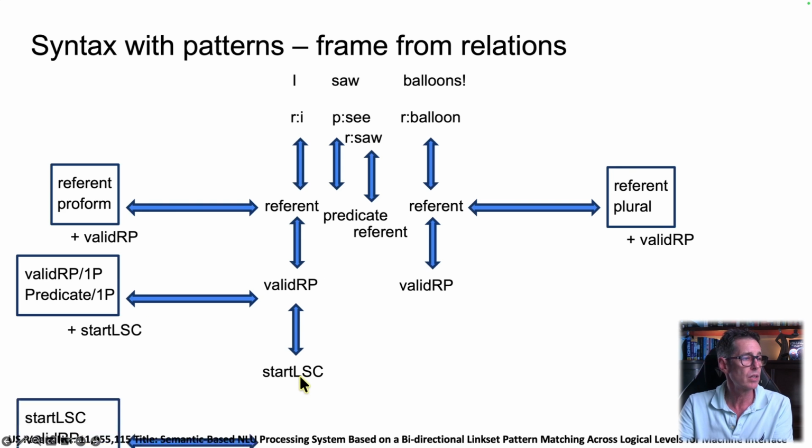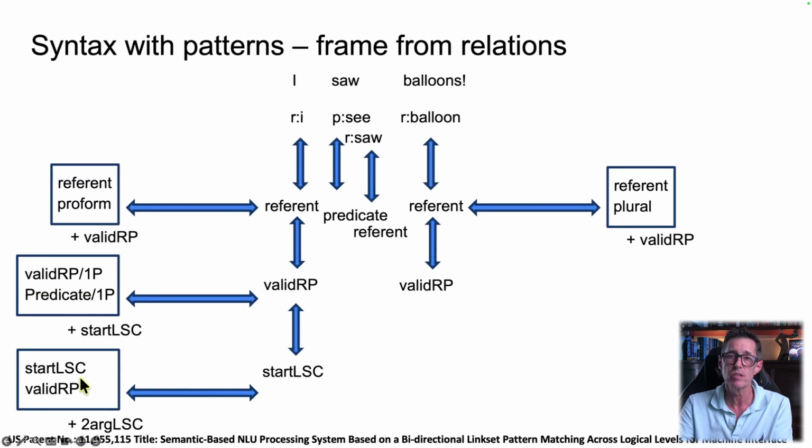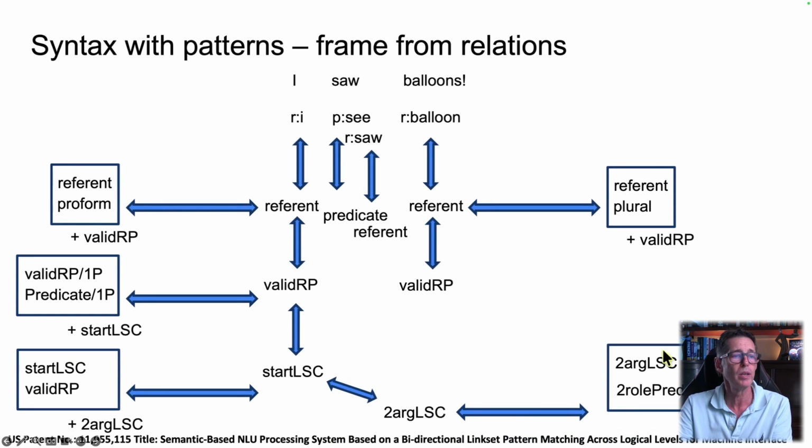And start LSC can also have phrases associated with it. So if we find start LSC followed by, it's another sequential pattern, valid RP, which we've gotten over here, we then add a two-person argument LSC. And so we've now got that, and then it can also be matching a one element pattern.